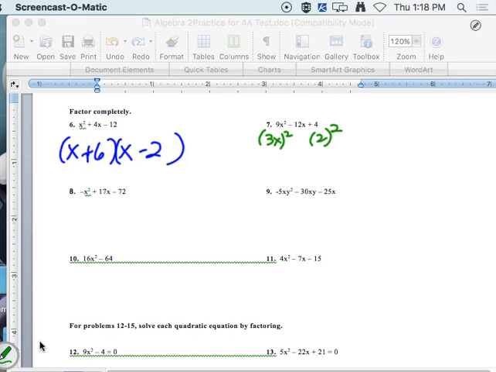So maybe this is a perfect square trinomial, and how I test it is by multiplying 3x times 2 and doubling that, multiplying it times 2. And if it equals 12x, then this is a perfect square trinomial. 3x times 2 is 6x, and 6x times 2 is 12x. This is a perfect square trinomial which factors as a binomial squared.